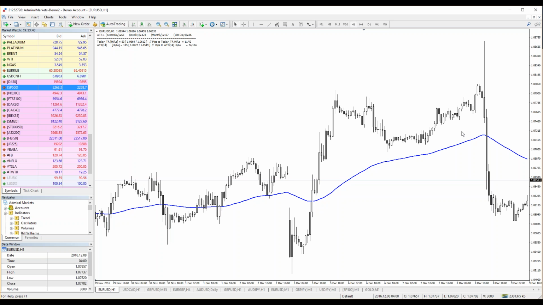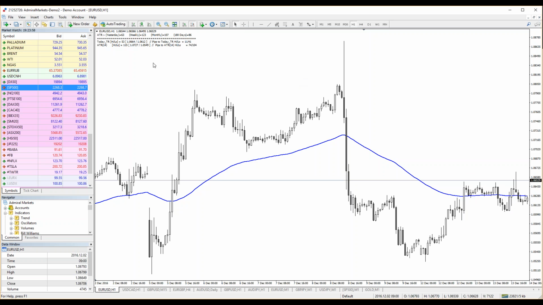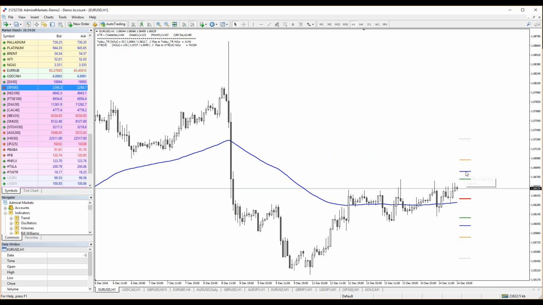Sometimes it can be 4 hour, but if you watch it on the 1 hour time frame at least, it doesn't matter, because these ATR levels are plotted the same on each time frame. They take the daily calculations of the previous 14 days into account, and it will show the same on every single time frame.